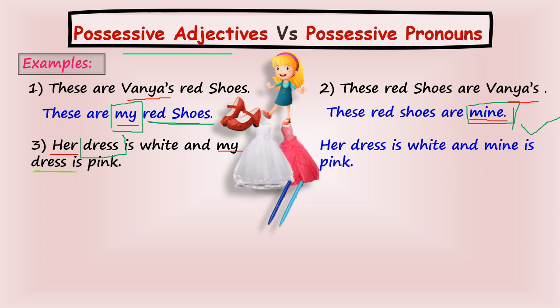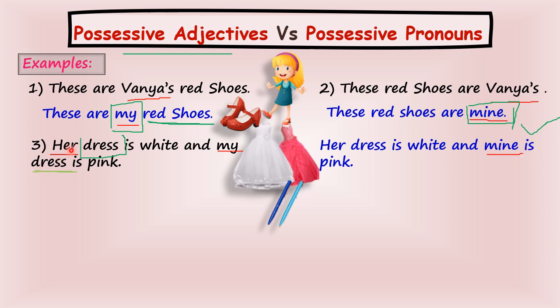Now see, when I change it, her dress is white and mine is pink. Now children, pay attention here. Here we have changed with mine, and we are not using this noun dress. If we are using a possessive pronoun, then after the possessive pronoun there is no noun.